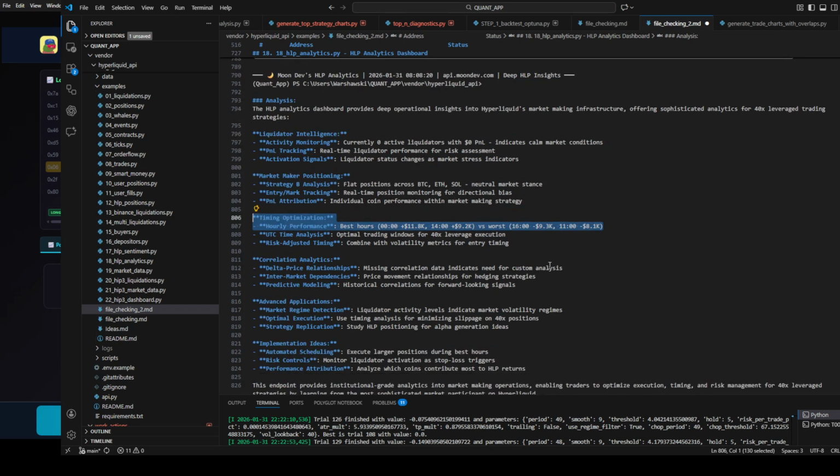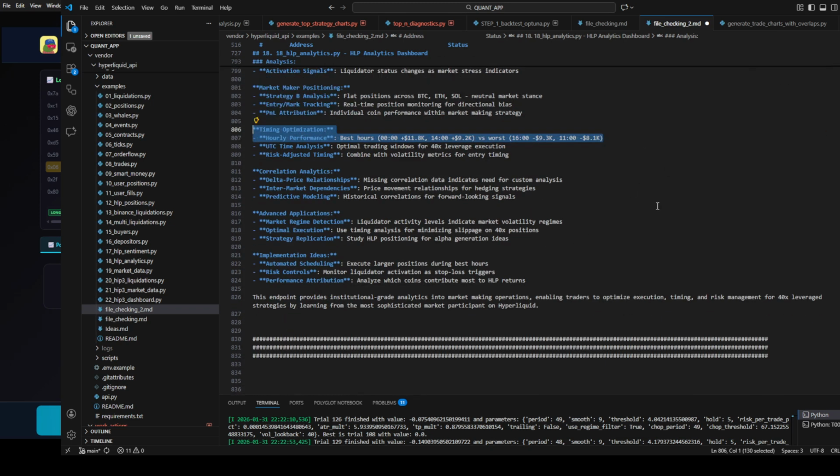So correlation analytics: missing correlation data indicates need for custom analytics. Intermarket dependencies, sorry guys. Price movement relationships for hedging strategies. Predictive modeling: historical correlations for forward-looking signals.